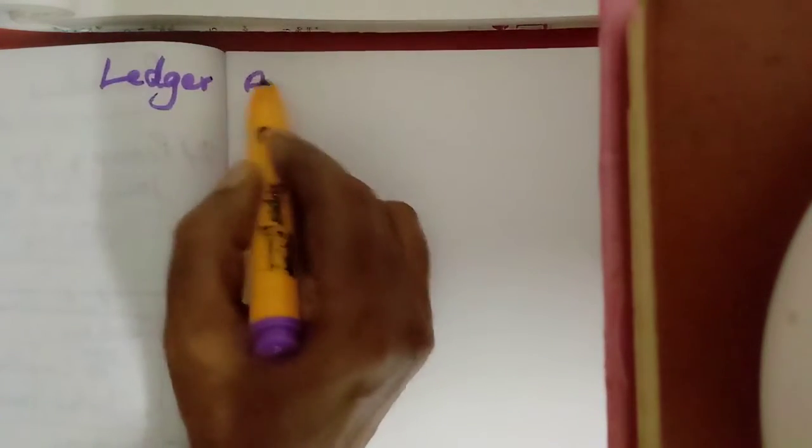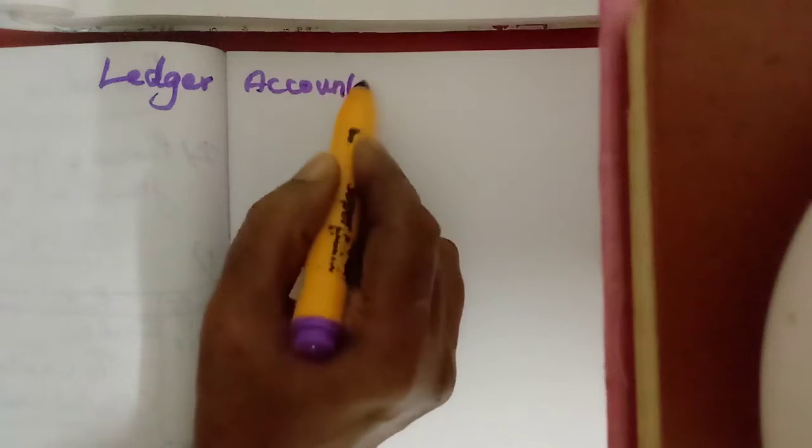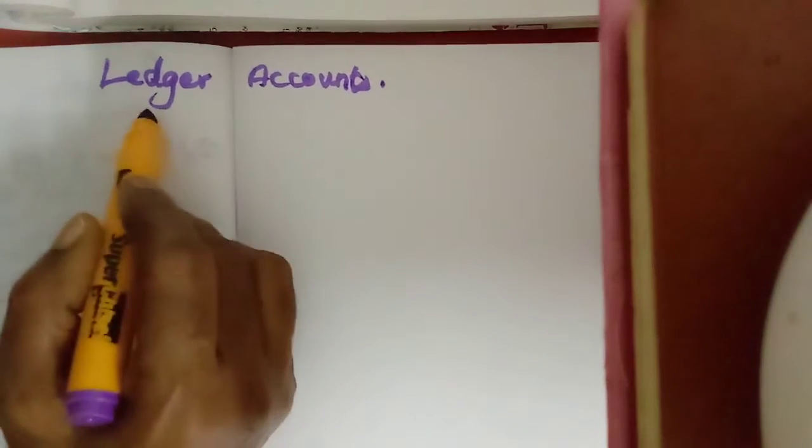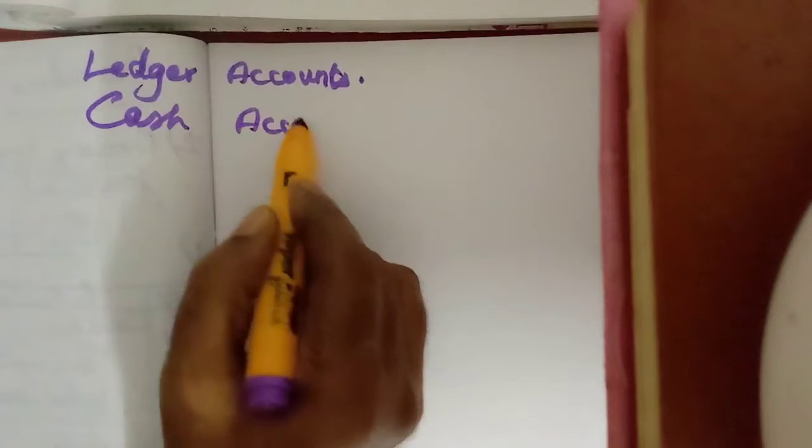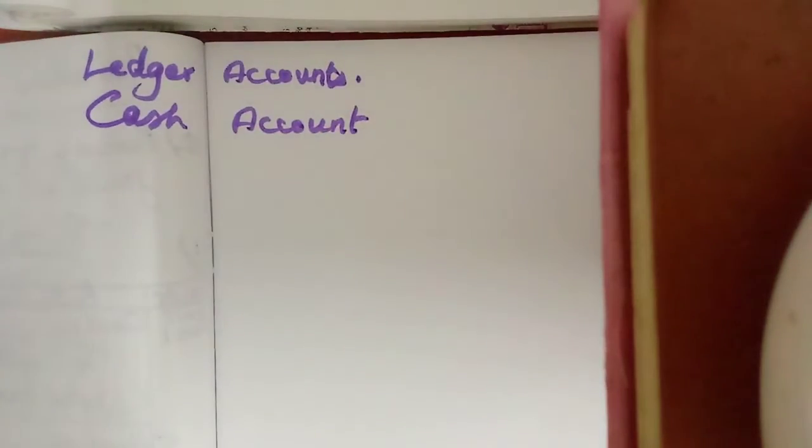Now we will use both the pages for the ledger accounts. We should write ledger accounts using both the pages. First account: cash account. So you write cash account on both the pages, then draw the line.